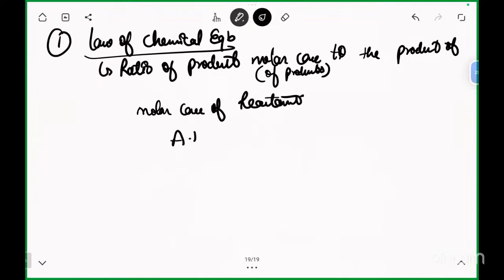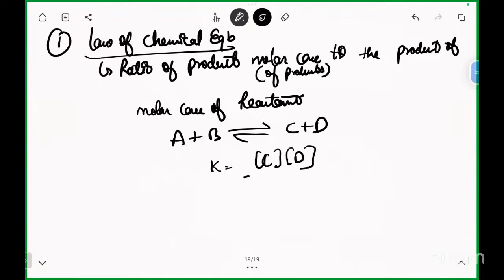For example, A plus B is in equilibrium with C plus D. It means K will be equal to the molar concentration of C into the molar concentration of D divided by the molar concentration of A into the molar concentration of B.